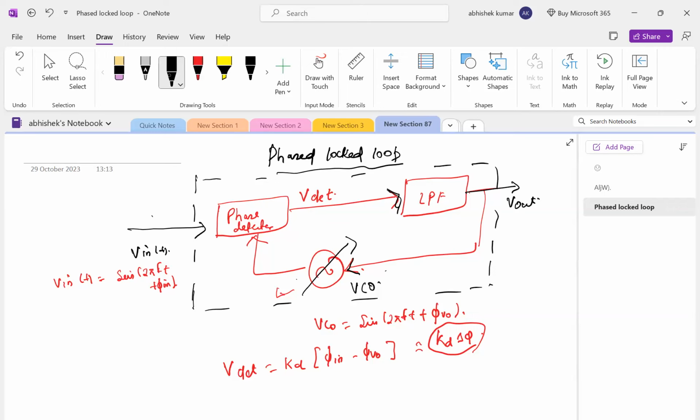The phase detector gives a voltage proportional to the phase difference between the input signal and the VCO signal, and that voltage is converted to frequency and fed to our system. So in this way it works.